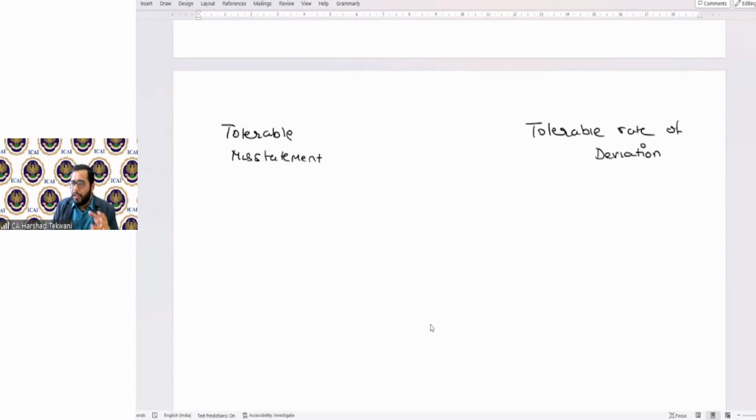Okay. Now, what is a tolerable misstatement? It's nothing but a monetary limit that you will set as an auditor. It's a monetary limit, just like a materiality, that you will set as an auditor to obtain the level of assurance from that particular misstatement.